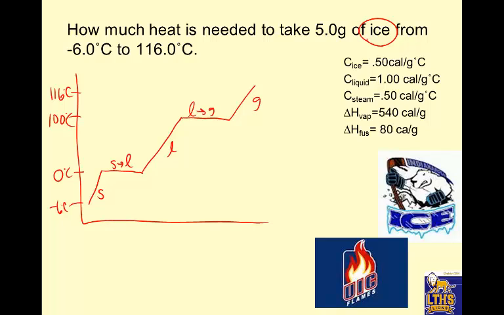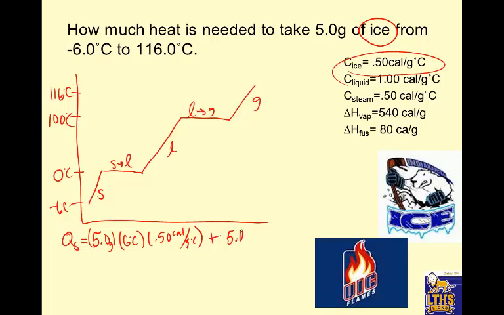So guess what we got to do? We got to calculate Q for each section of this graph. The Q for the solid is going to be the mass of the solid times the temperature change of the solid, 6 degrees Celsius, times the specific heat of the solid, 0.50 calories per gram degree Celsius. Then we have to add how much heat it takes to change from solid to liquid.